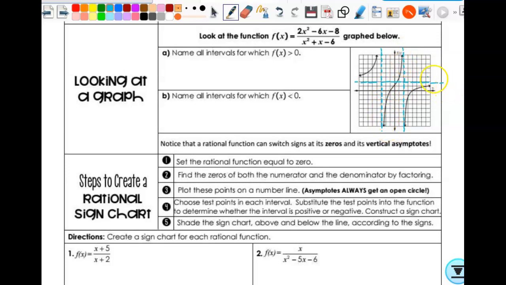Because this horizontal asymptote deals with end behavior, it has nothing to do with what's going on here anyway. So way out here at the end, as x approaches infinity, f of x is approaching 2, right? And as x approaches negative infinity, f of x is approaching 2. Has nothing to do with this part anyway. Even though it deals with these parts of the function, this function could come up over the asymptote and then still approach 2 as it goes to infinity. So just know that you can cross a horizontal asymptote.